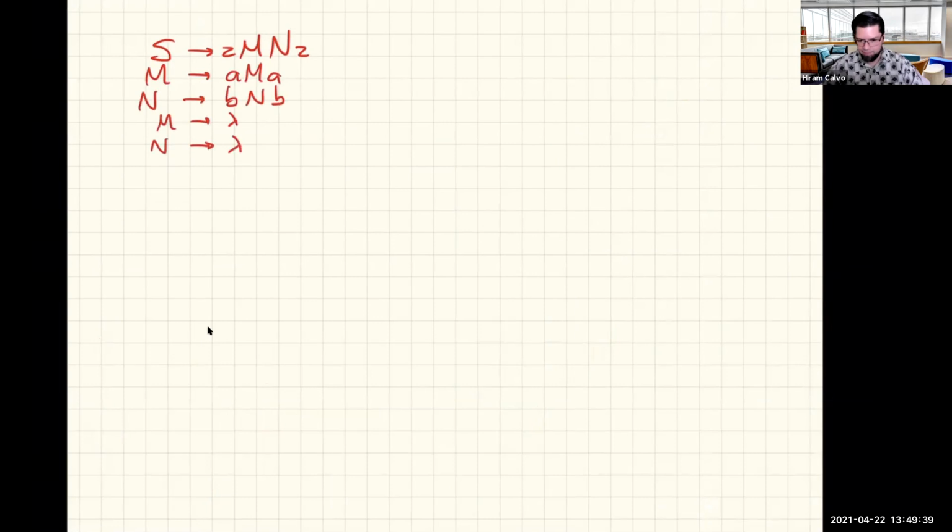So let's use this grammar. This grammar is defined and mentioned a lot of times in the Brookshear book, and it says S goes to A, N, A goes to B, and B, M goes to lambda, and N goes to lambda. This grammar produces strings of the type Zaza.